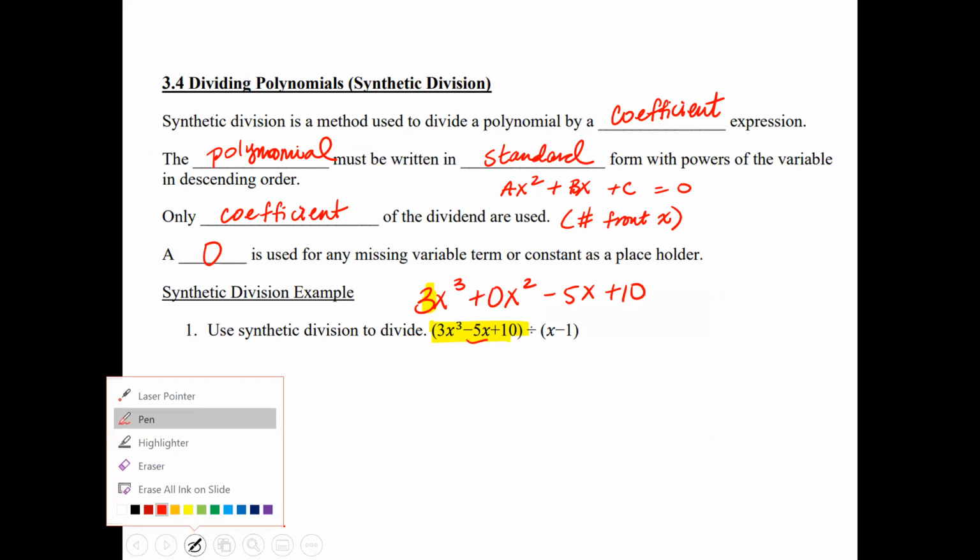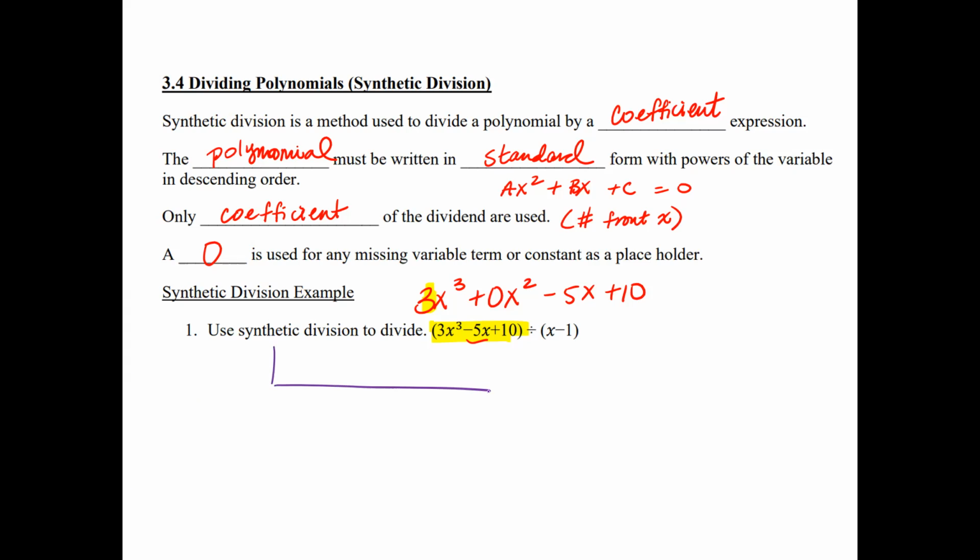The way you're going to set this up is we're just going to do a reversed division bar. And again, we're only going to be using the coefficients of these numbers. By the coefficients, I'm talking about 3, 0, -5, and 10. So just put it like that.